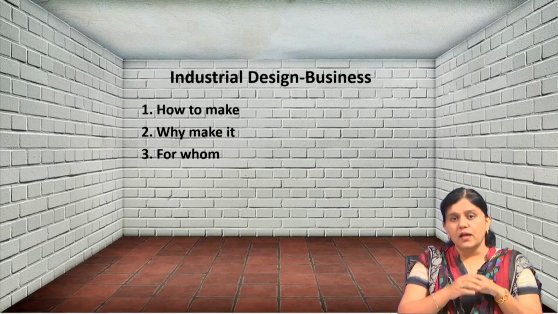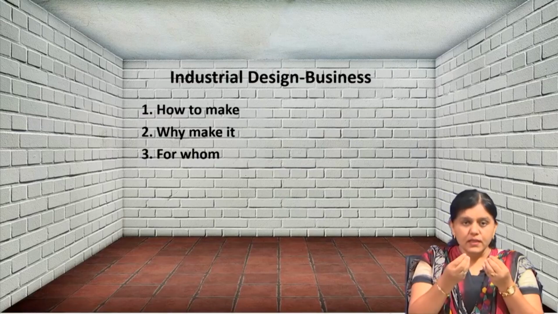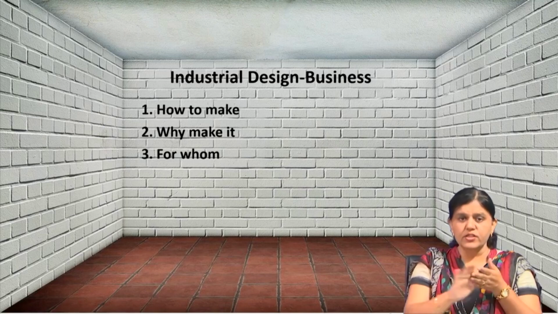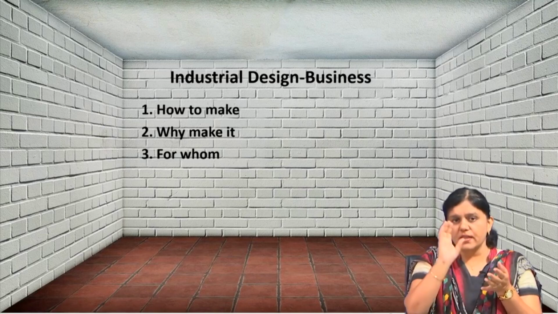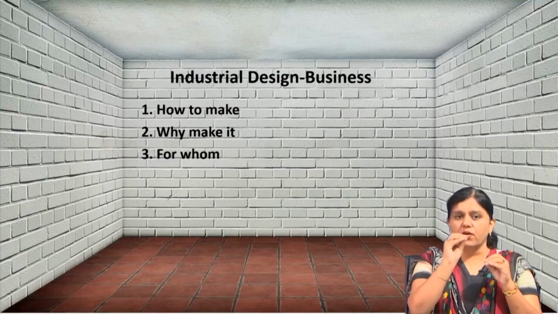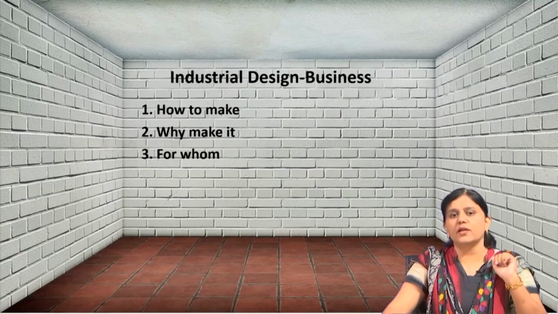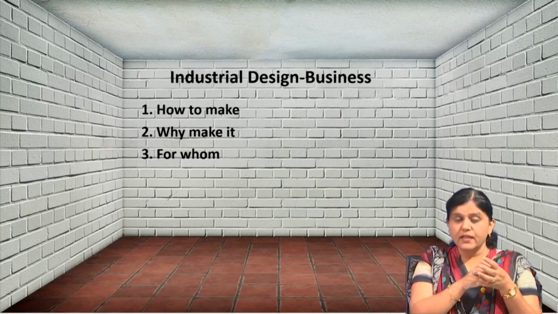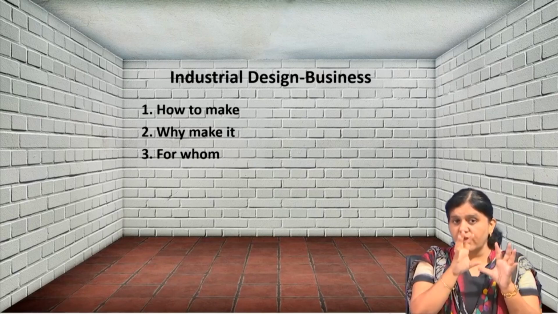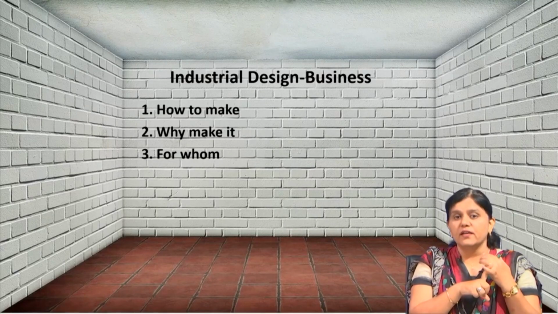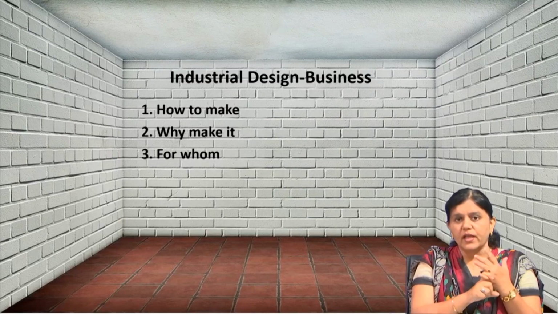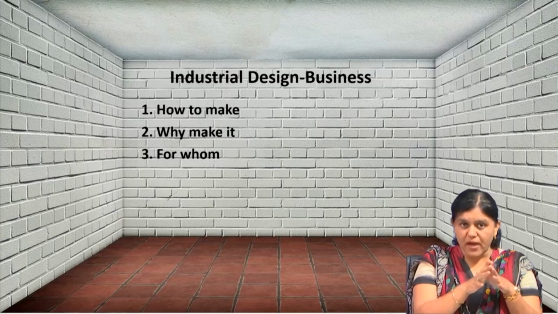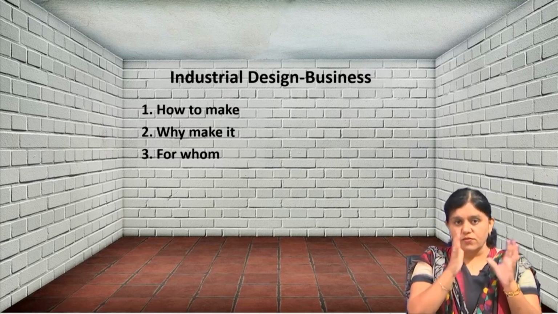Now, many times what happens is a customer gets emotionally attached to a particular product, so attached that he never changes it. Lifelong he or she will buy that particular product because of its appearance. Whenever the designer is working on the final design, he has to take care not to affect the function or the workability of the product, and keeping that in mind, he has to design the final appearance.